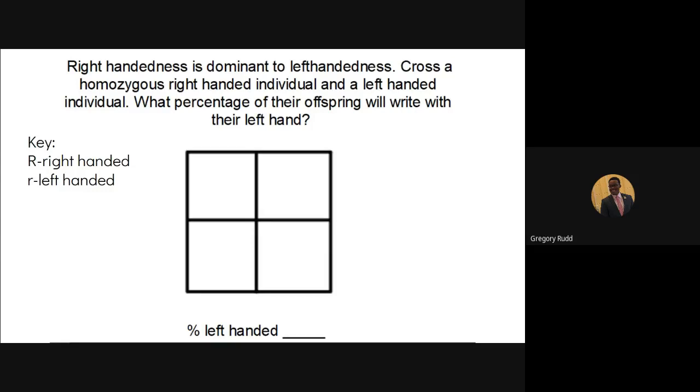Now we need to find the genotypes of our parents. So if we've got a homozygous right-handed individual, what is the genotype? What is that person's genotype?